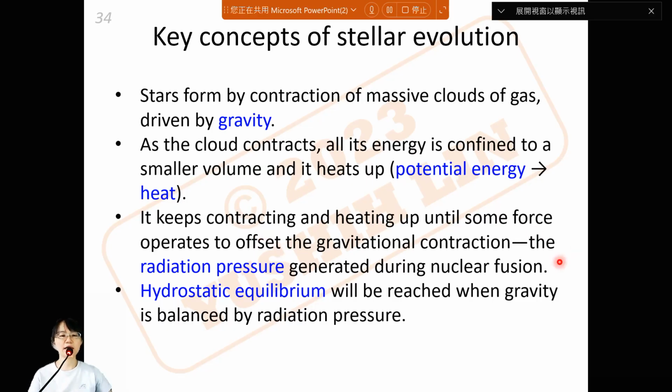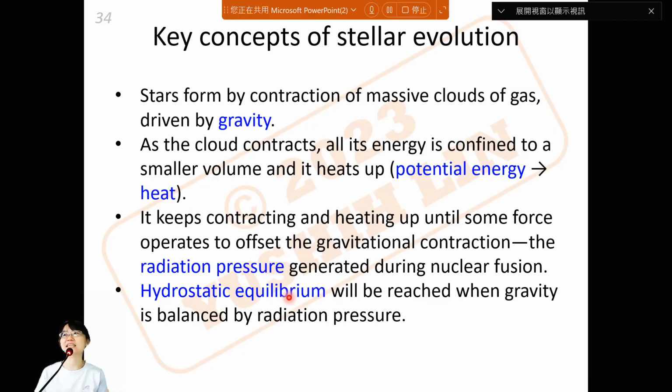So what is that? It is the radiation pressure generated during nuclear fusion. Nuclear fusion creates a lot of heat, and this is the source of radiation pressure that goes against gravity. So if you see a star, its physical presence, then it means it's under hydrostatic equilibrium, 静力平衡. It is in a balanced state, and only then will you see it. Otherwise, you will see it expanding or contracting.